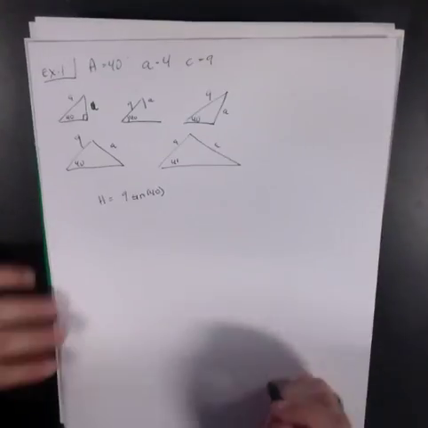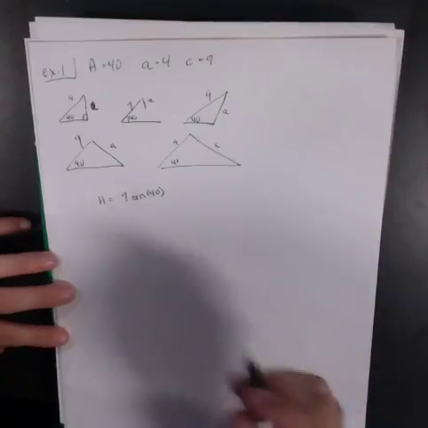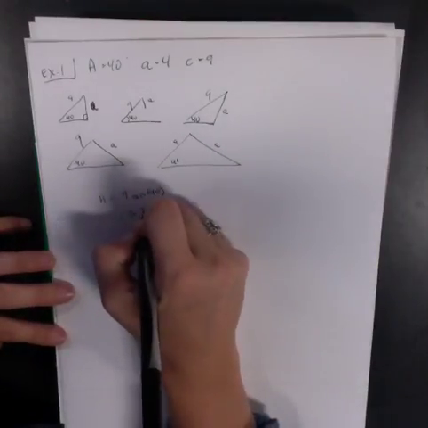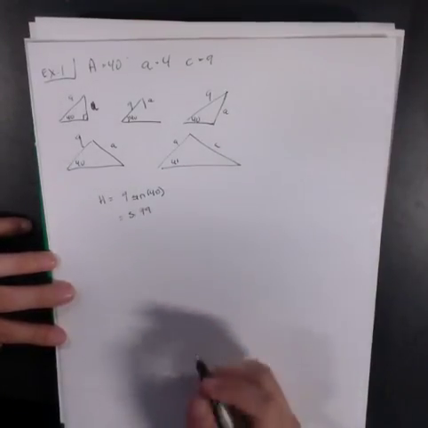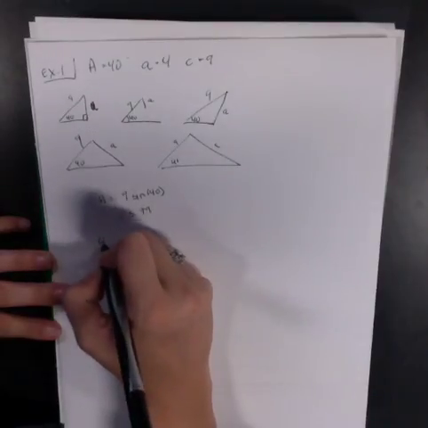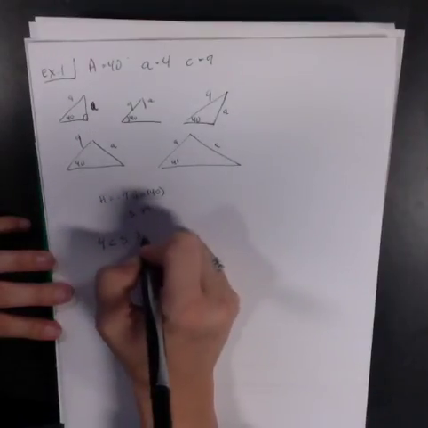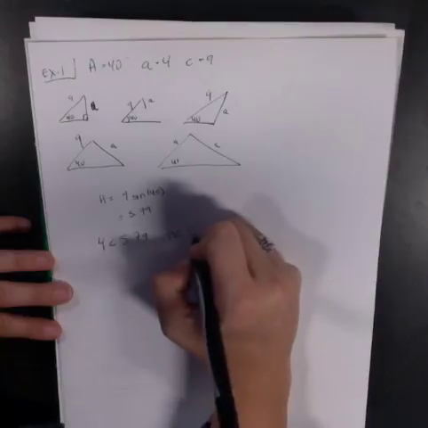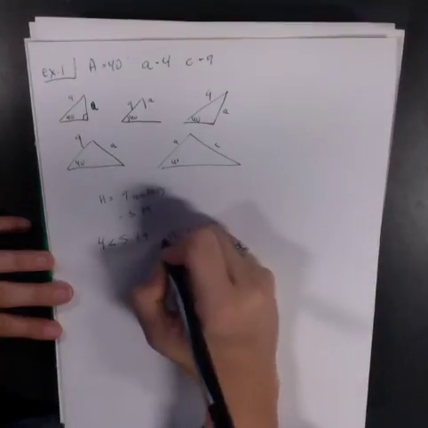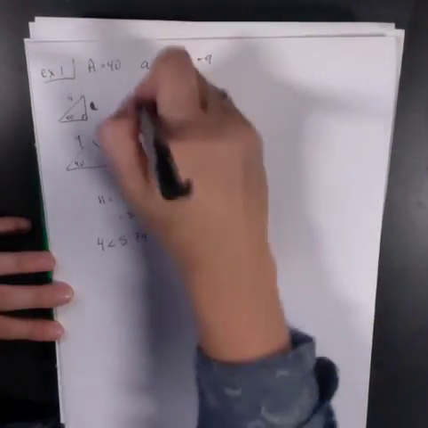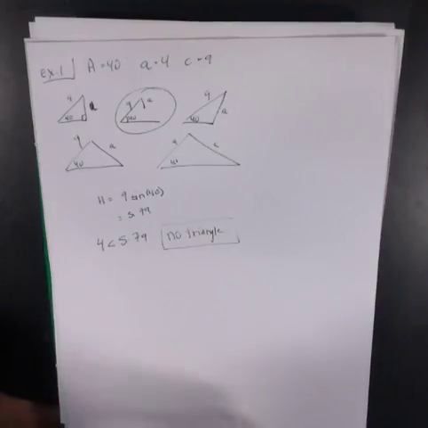Right, that's how we know it's a right triangle. So we solve this for h and we get 5.79. Now what we see is a, which is 4, is less than 5.79. Therefore, no triangle can exist like this. It would look like this. a would be less than 9, so it wouldn't work.